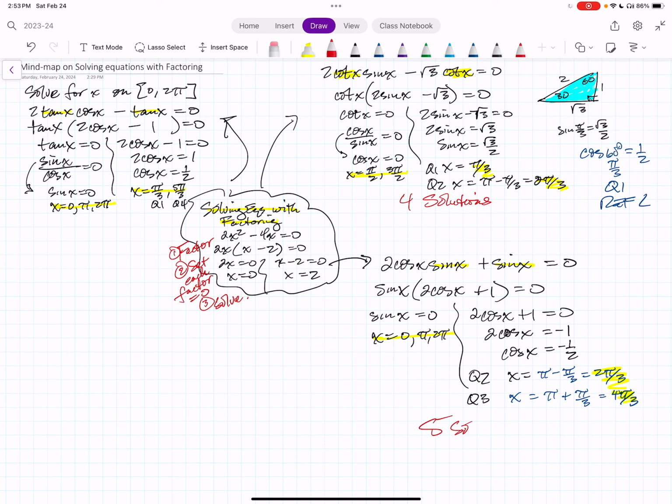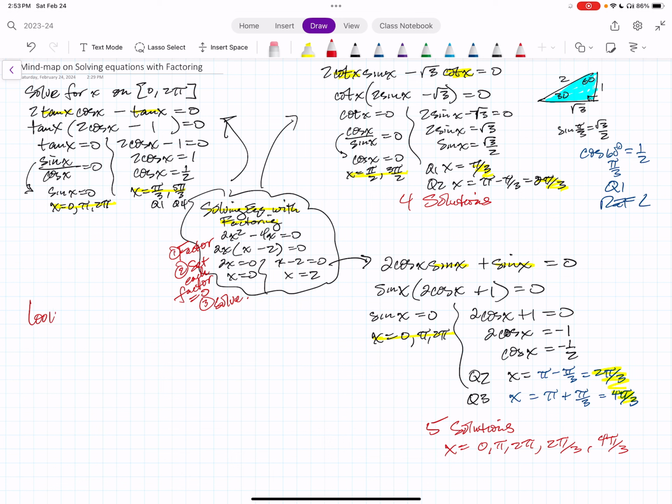That's a 5 right there, guys. 5 solutions. X is equal to 0, pi, 2 pi, 2 thirds pi, and then 4 thirds pi. I've just listed them out. Look at that. You're going to have to get good here, and I would go look in your homework.